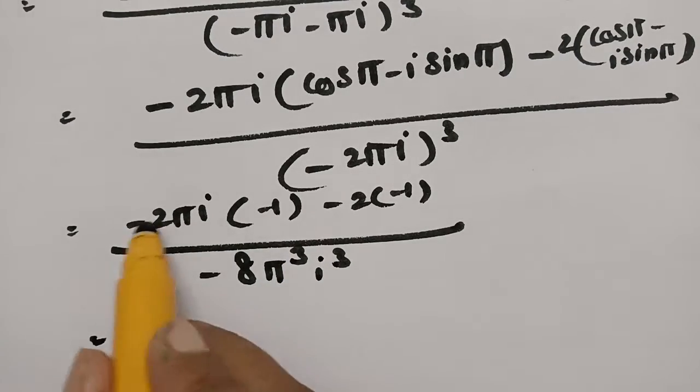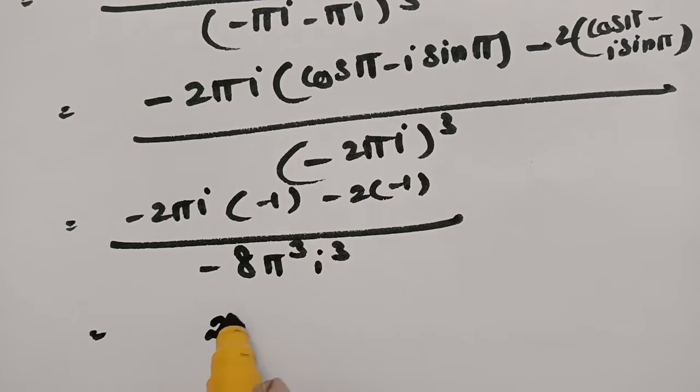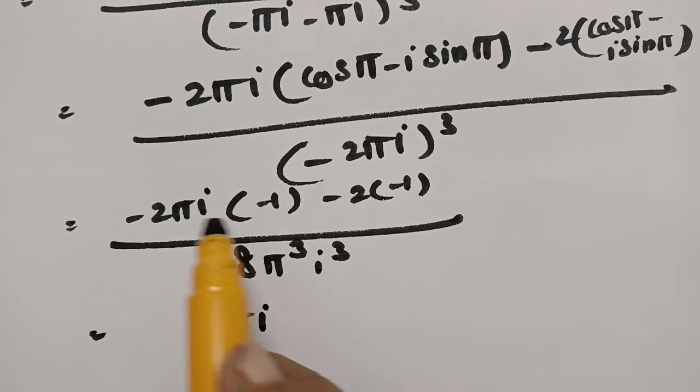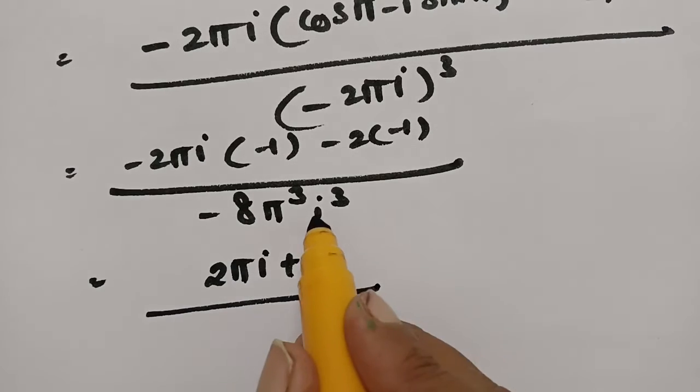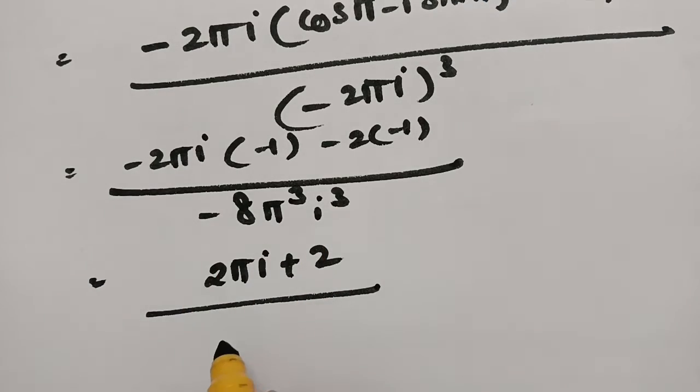Clear? So this is minus of minus plus 2 pi I, so this is plus 2 pi I, and here I square value is equal to minus 1. Therefore 8 pi cube into I here.